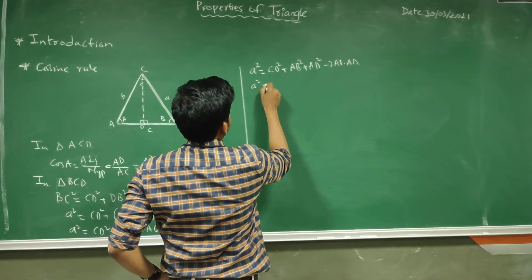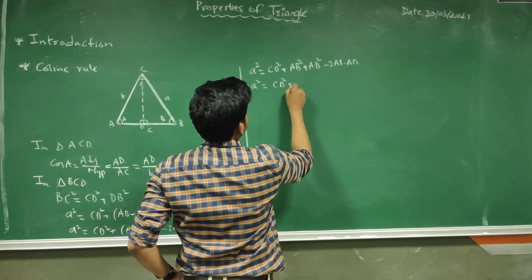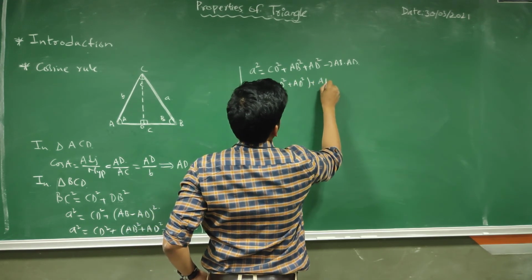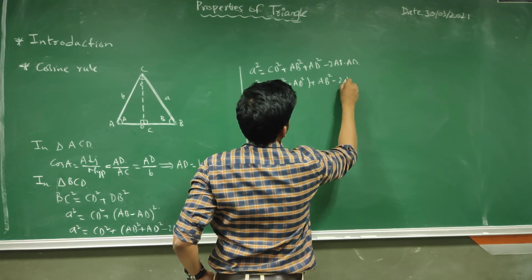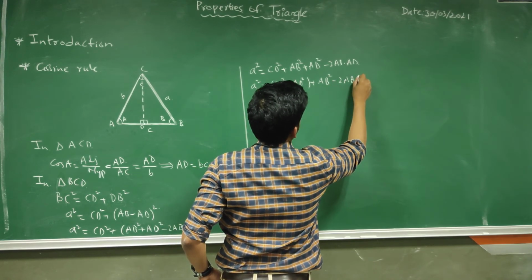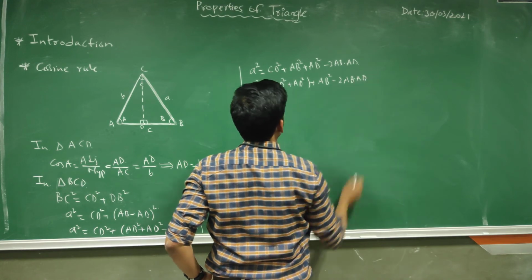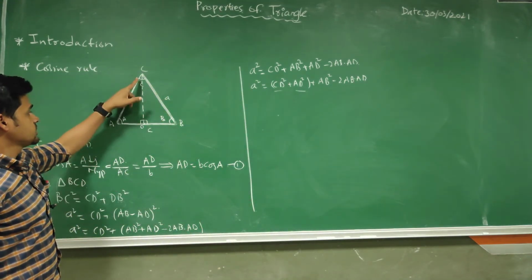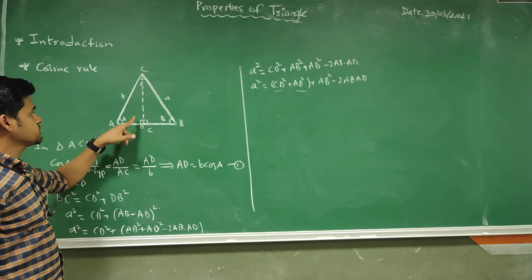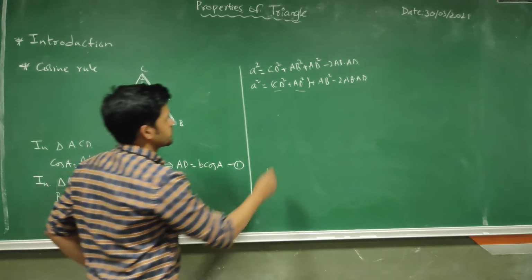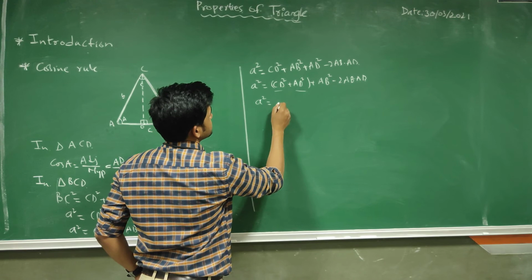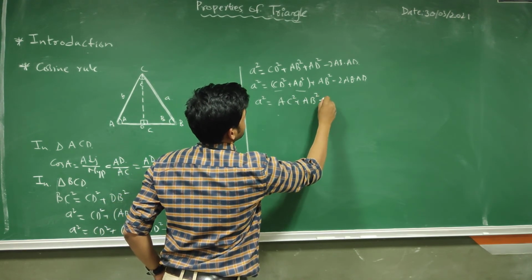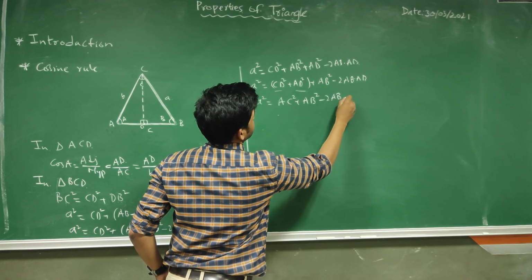So I can write CD square plus AD square, which is nothing but AC square. Okay, so a square is nothing but AC square plus AB square minus 2AB into AD.